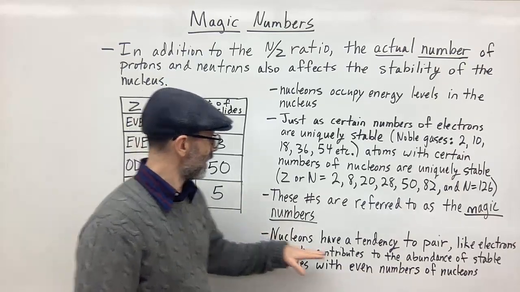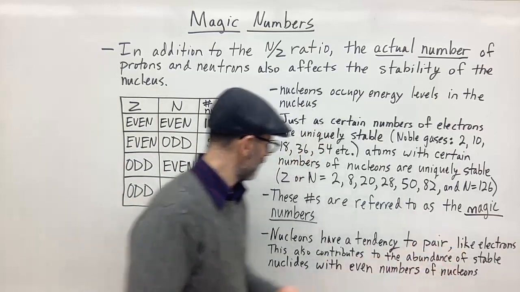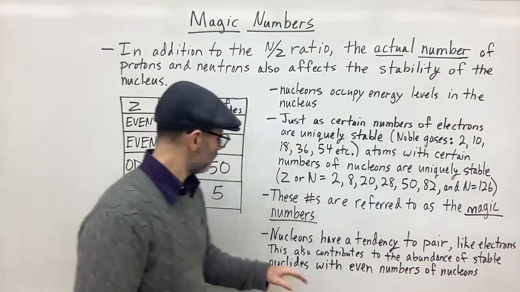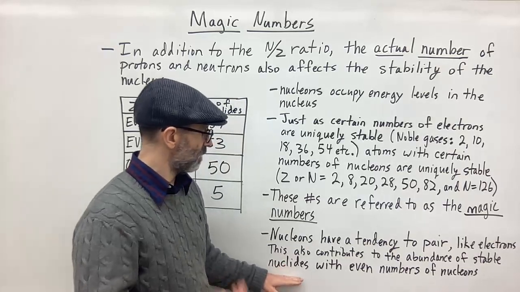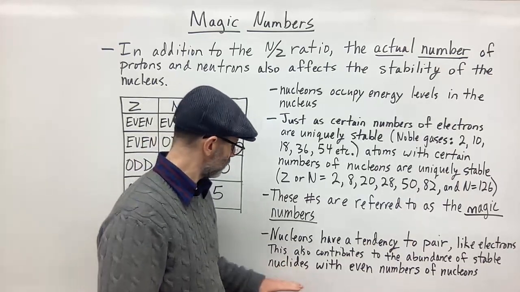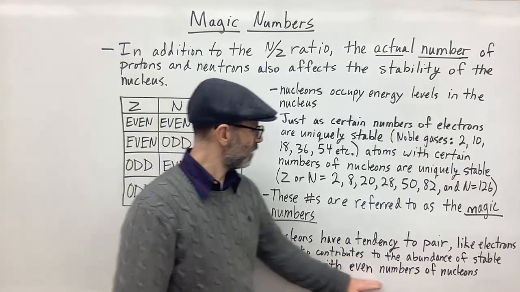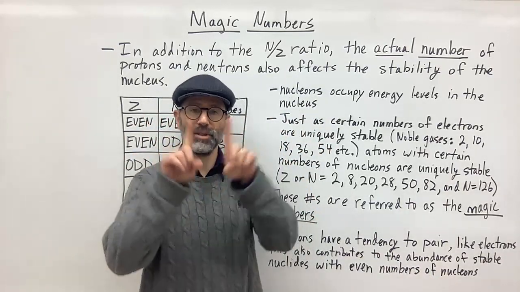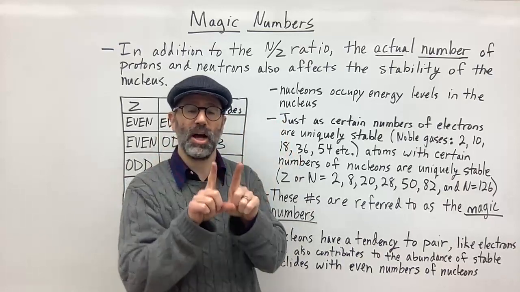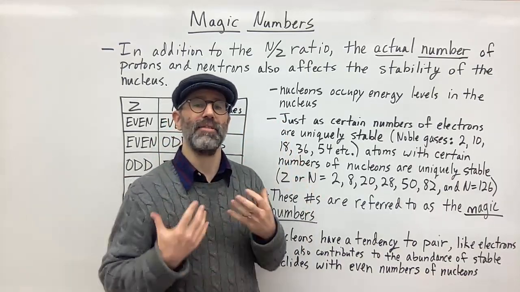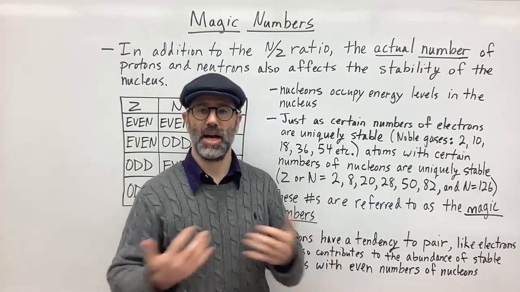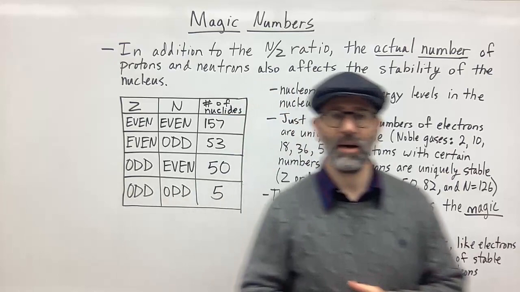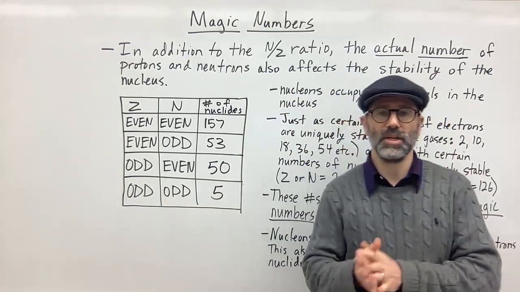And so nucleons have a tendency to pair up like electrons, and this also contributes to the abundance of stable nuclides with even numbers of nucleons. Why? Because when you pair up, you have 2. That's an even number. So if nucleons like to pair up, then you're going to have a tendency to have even numbers of protons and neutrons in your nucleus. And that would explain why we see these even numbers.